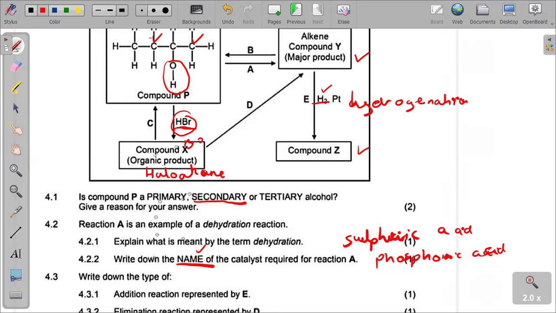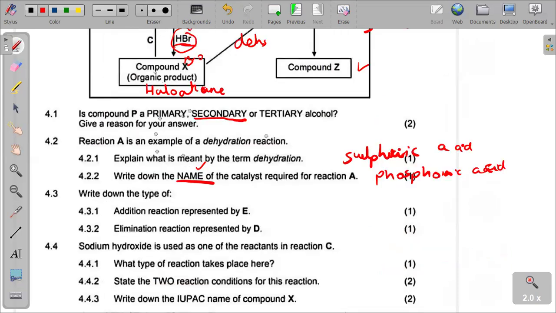So obviously when it is now undergoing the elimination reaction, this is dehydrohalogenation, where we are now eliminating the hydrogen and the halogen atom. You can also call it dehydrobromination or dehydrohalogenation.